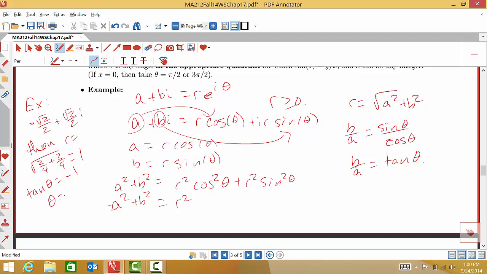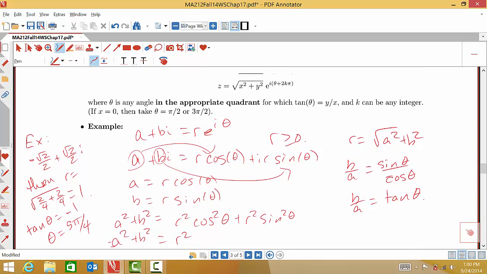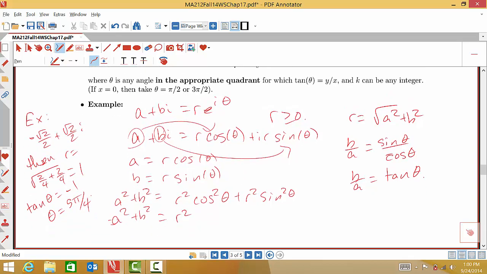And so I'm going to take my theta to be 5 pi over 4. I need the cos of theta to turn out to be negative in order to get this first part to work out.